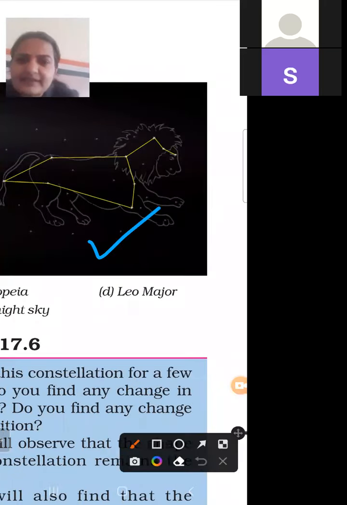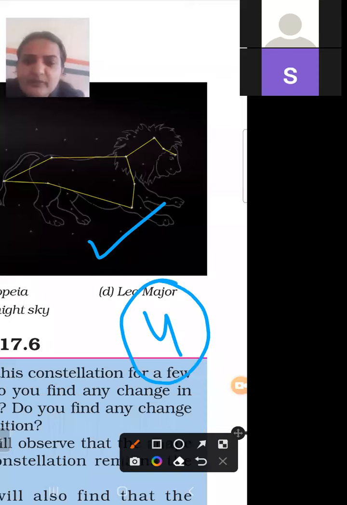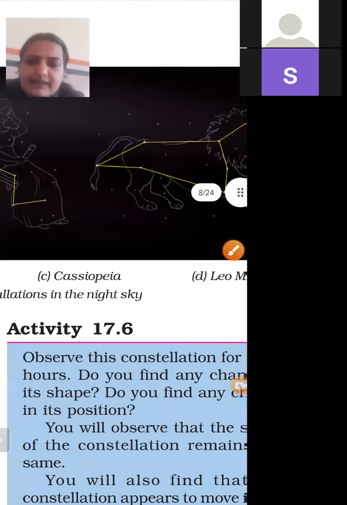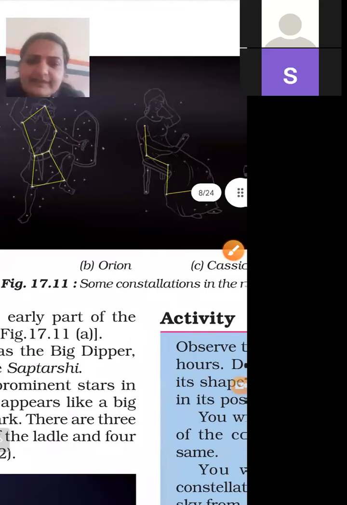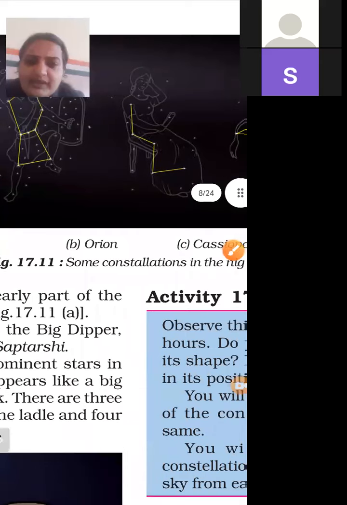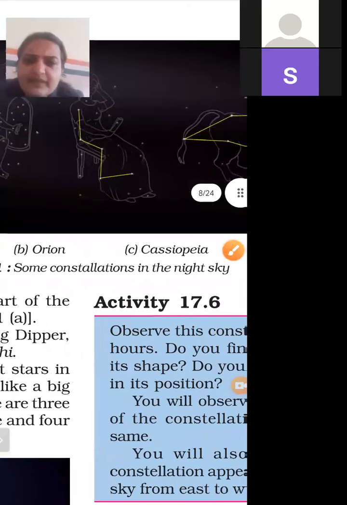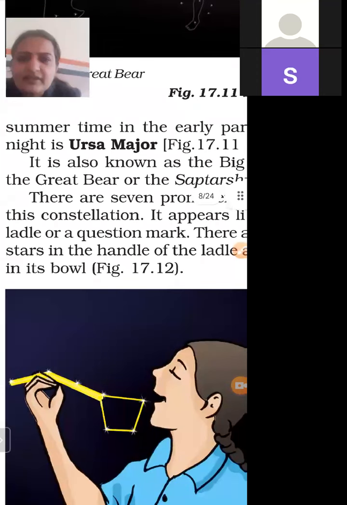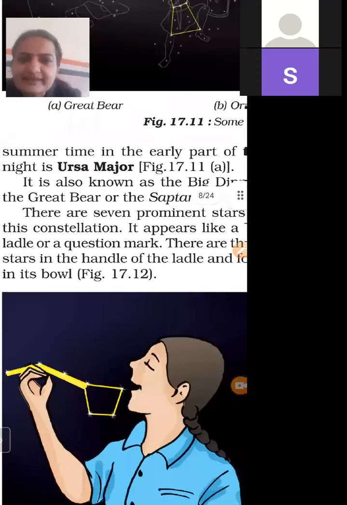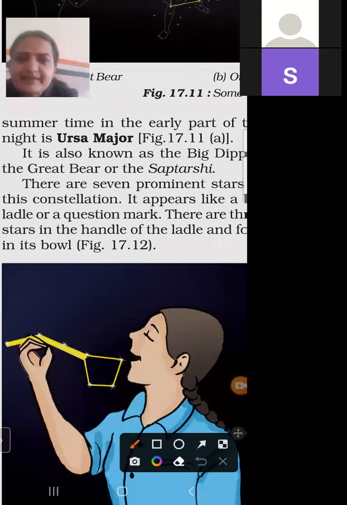So there are 4 constellations: first is Ursa Major, then Orion, third is Cassiopeia, fourth is Leo Major. So first is Ursa Major.